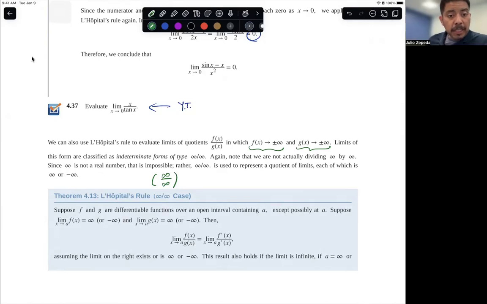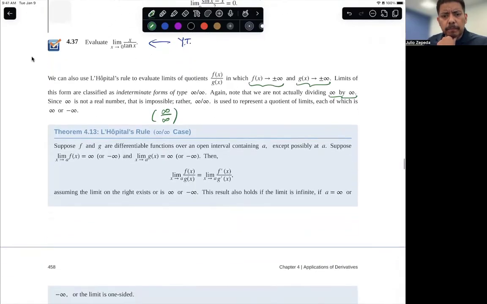Limits of this form are classified as indeterminate forms of type infinity over infinity. Note that we are not actually dividing infinity by infinity, since infinity is not a real number, that is impossible. Rather, infinity over infinity is used to represent a quotient of limits, each of which is positive or negative infinity.